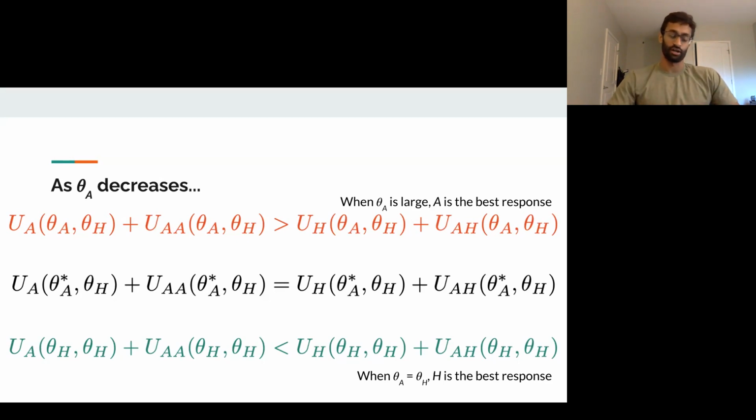Essentially, those give you identical utilities. So given that your competitor is using the algorithm, it is a best response for you to also use the algorithm. Now, given that your competitor is using the algorithm, if they're instead using the human, they are also indifferent between using the human and the algorithm. So symmetrically, their best response is also to use the algorithm.